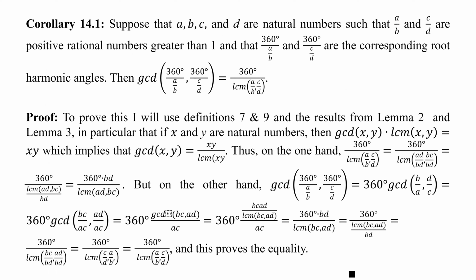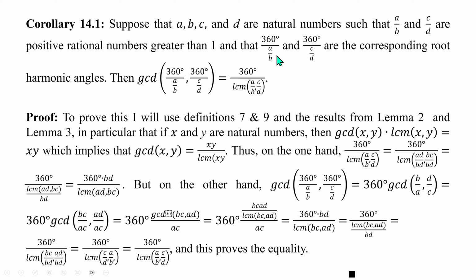Remember that for positive rational numbers that are less than 1, there's always going to be a corresponding harmonic greater than 1, which gives the same root harmonic angle. So if I can prove this for positive rational numbers greater than 1, I've got it for those less than 1 also. Okay, so let's suppose that.